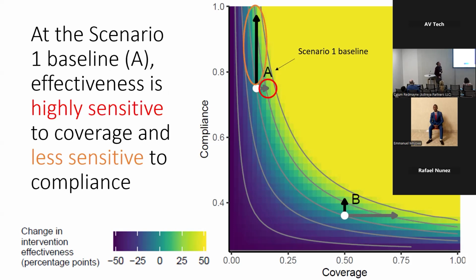And if I look at this scenario 1 baseline, I can see that I have a really high sensitivity to coverage at this point. So a small increase in coverage is going to get me a really big change in my intervention effectiveness. But I can crank my compliance all the way up to 100, and it's still not going to give me perfect diarrheal disease reduction.